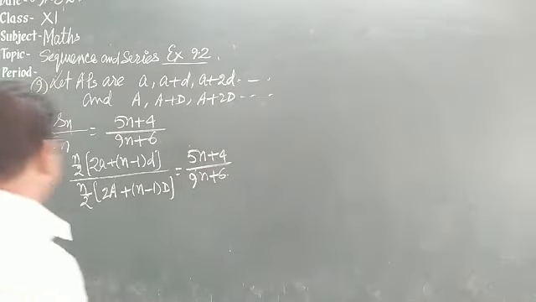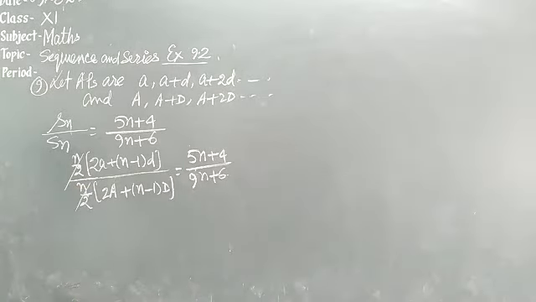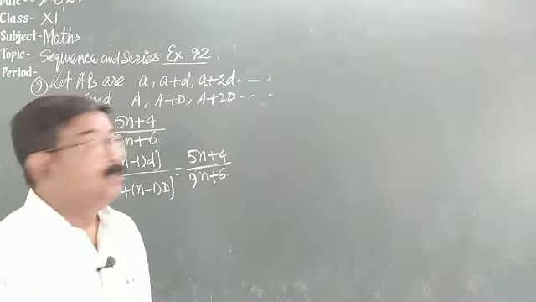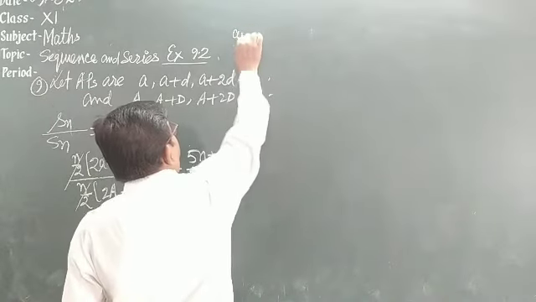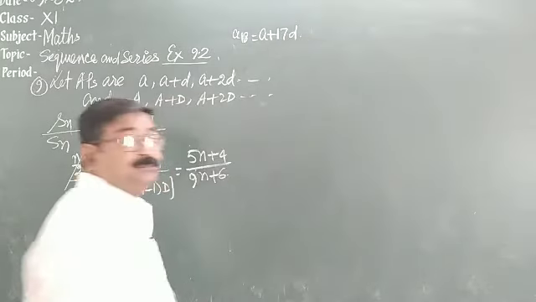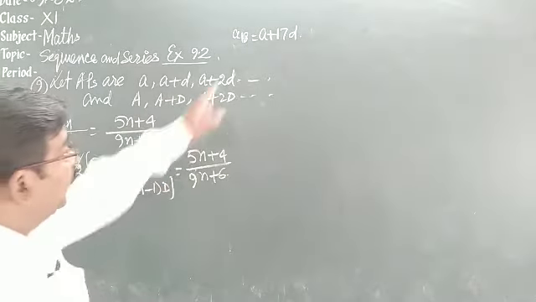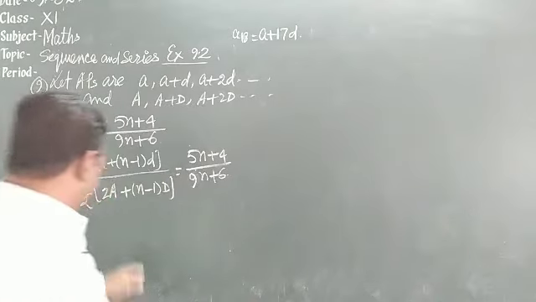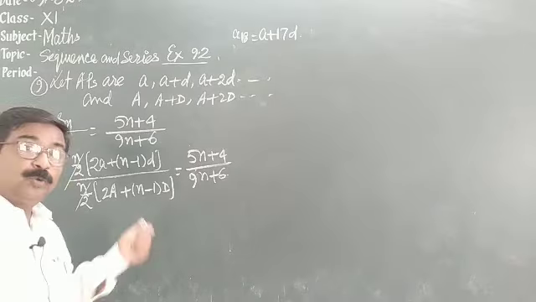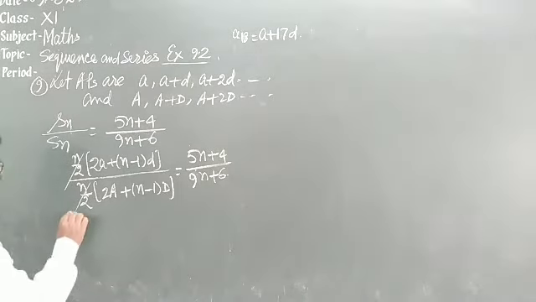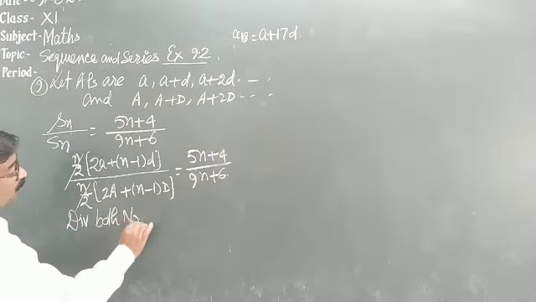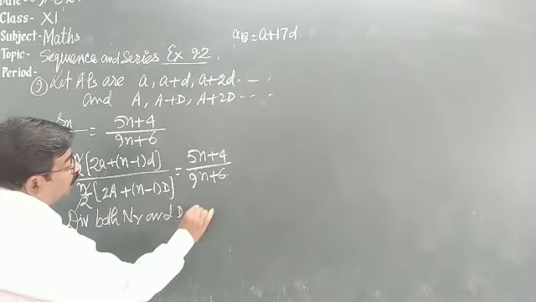We have n by 2 and n by 2 cancelled. Now we have to find the 18th term, and you know what is the 18th term? A18 is equal to A plus 17D. Compare that 18th term, A plus 17D. Here we have first 2A. So in place of 2A, we need A. So what to do? We divide both numerator and denominator by 2.